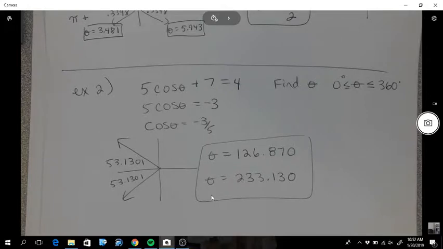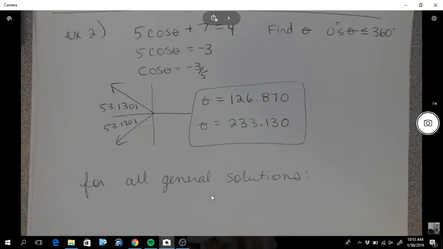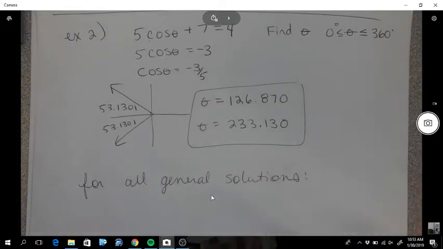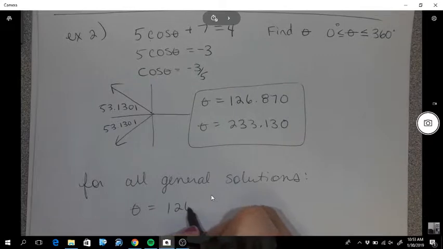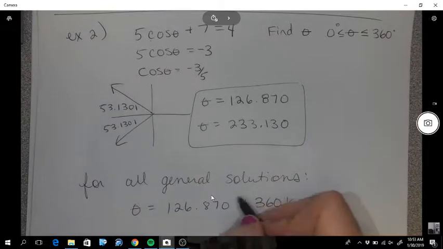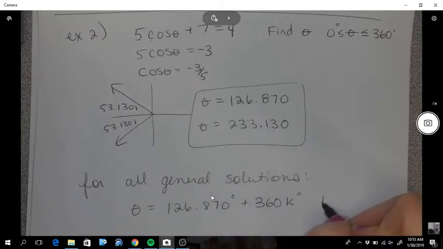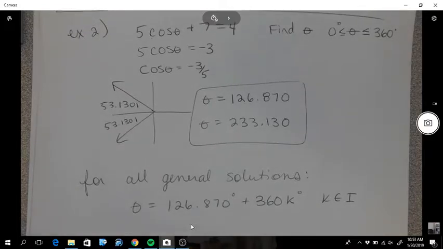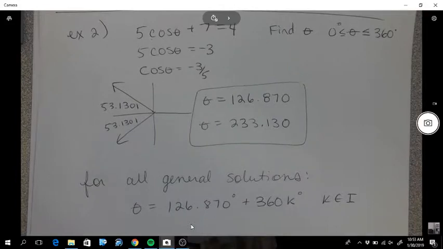Okay, what if it asks for find all general solutions? So if it had said what are the angles that solve for the angle and all general solutions, then you would have to state that your angle measurements, for instance, this one, 126.870 plus 360k, where k is an element of the integers.